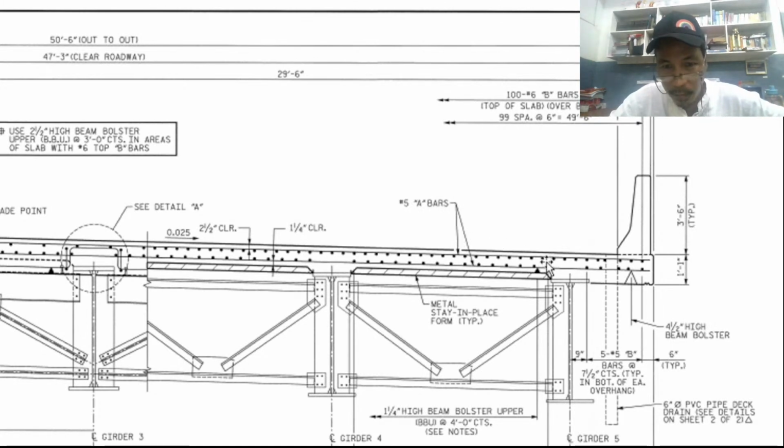Okay, so we have a definition of what we mean by A bars. Okay, so this is B bars. As you can see, this number 6 top B bars. This is B bars. Okay. We will look at the definition later. Okay. Maybe at the bottom of this page.